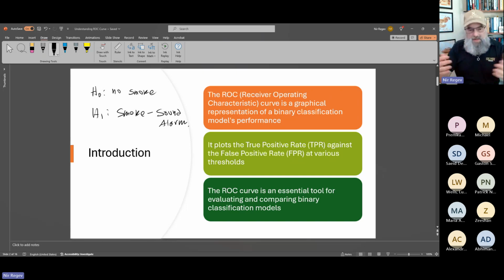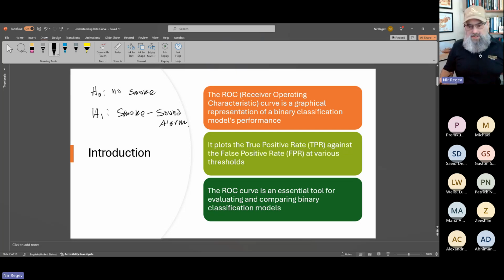Okay, these are all synonyms, and these kinds of frameworks, for example the smoke detector, suffer from two errors. One is when there is no smoke and we sound the alarm. This is what we call a false positive or false alarm. This is why we call it false alarm in radar, because we sound the alarm when there is nothing, but the detector thinks there is.